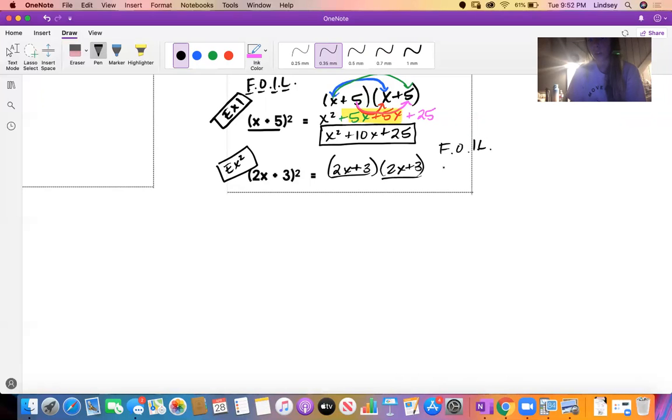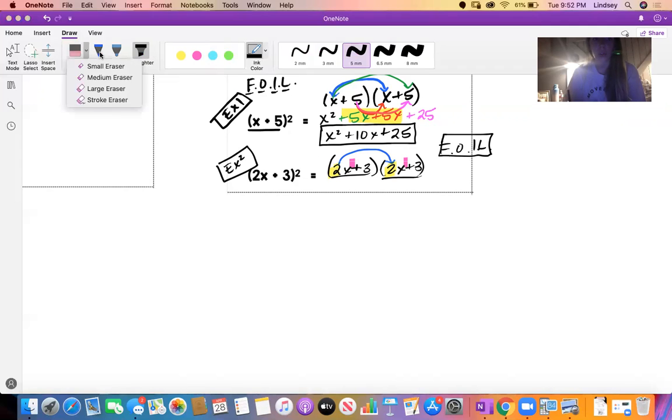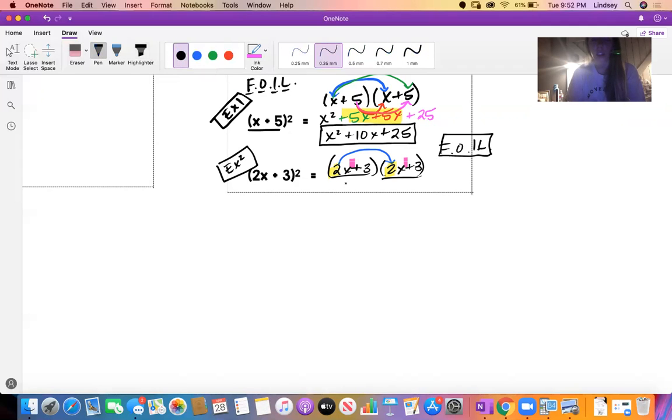And just know the more you write that out, like FOIL, the more you're going to remember it. So keep that in mind. We're going to do first. So we have 2x times 2x. We remember we multiply coefficients and we add exponents. So 2 times 2 is going to give me 4x.